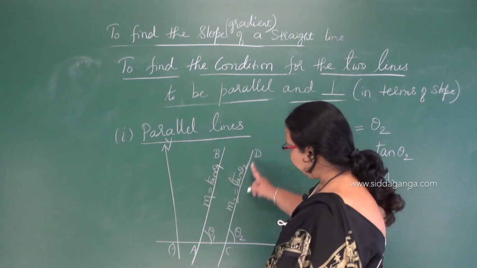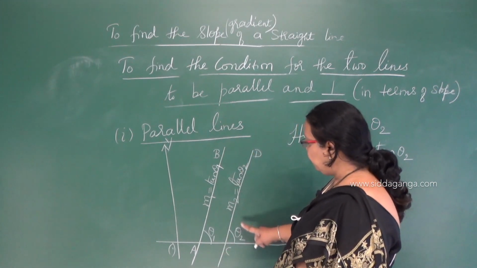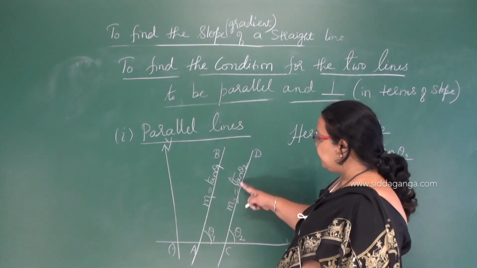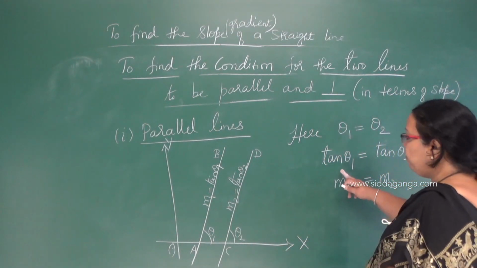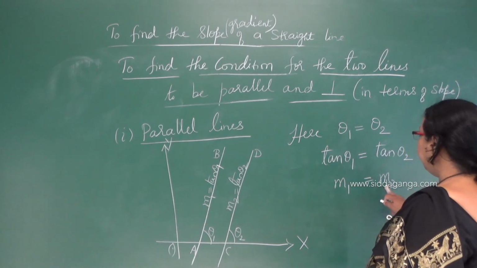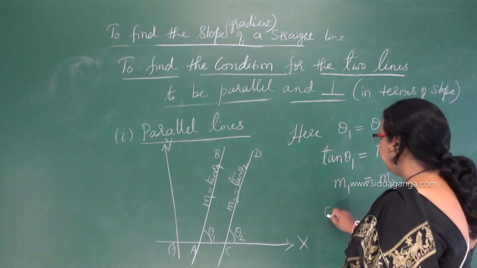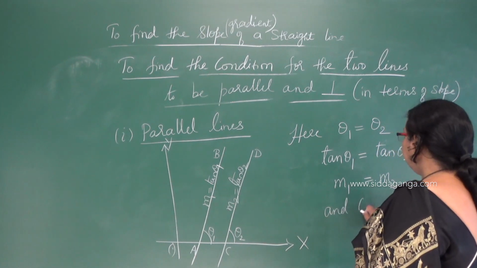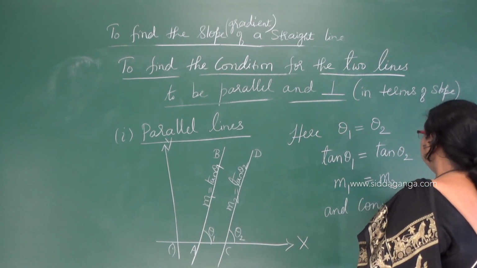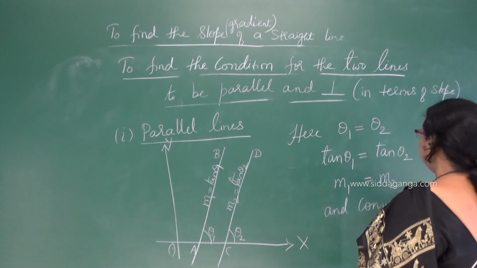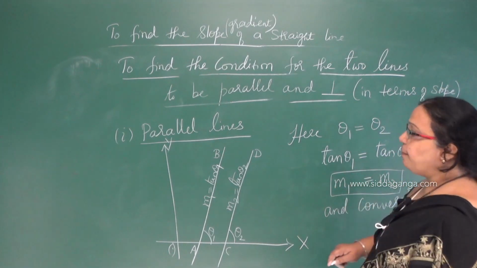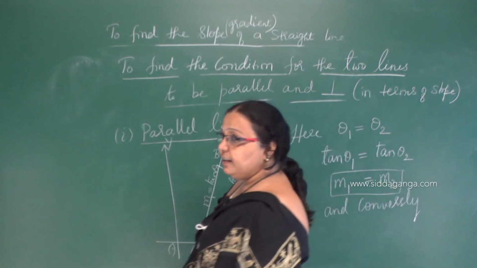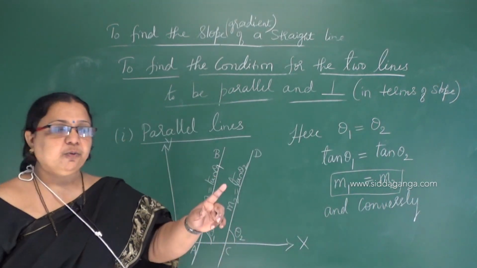If the second line makes an angle theta 2 with positive x-axis, then its slope is given by tan theta 2. Therefore m1 equal to m2 and conversely. So when the two lines are parallel, their slopes are equal.